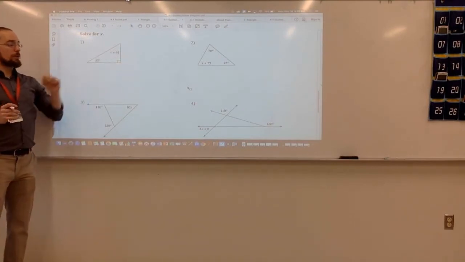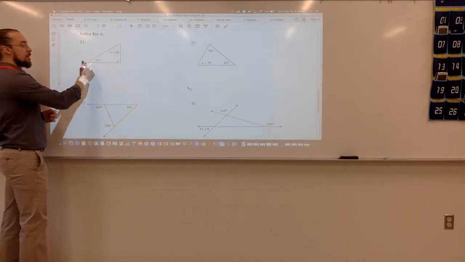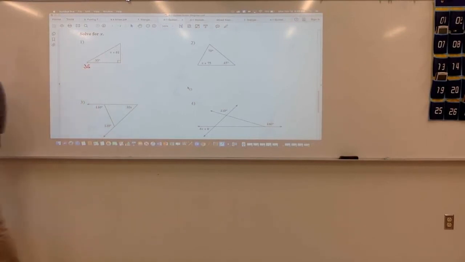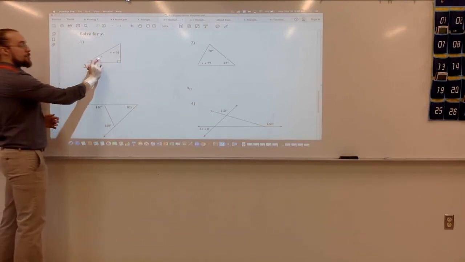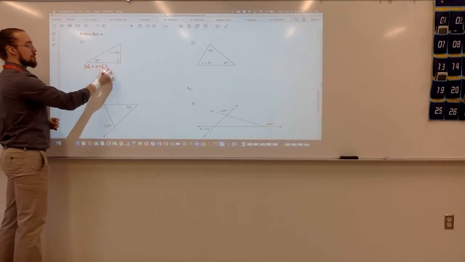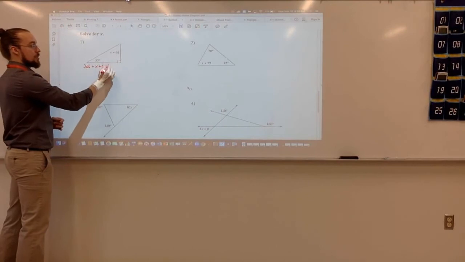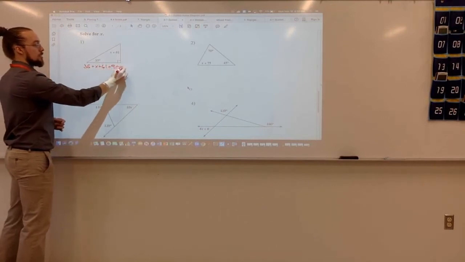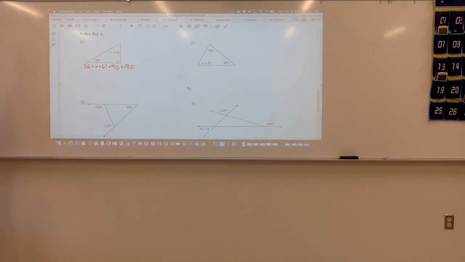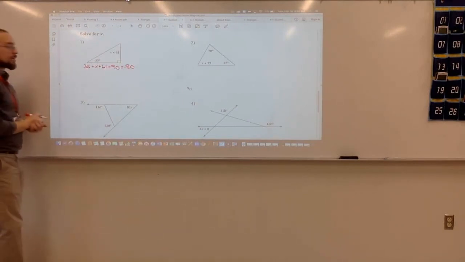So for number 1, I'm just going to say 35 plus x plus 61 plus 90 equals 180. Right? I'm just adding all 3 angles together, setting that equal to 180.